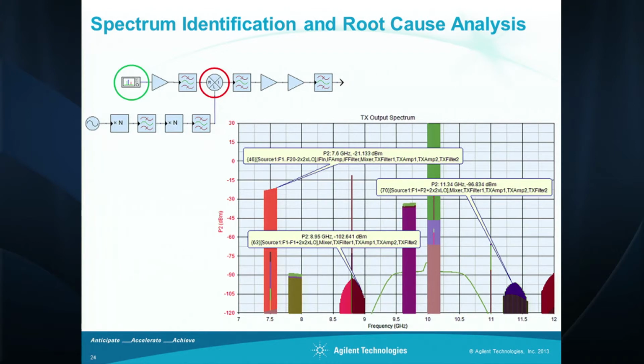It gives you an equation, so it tells you who created it, and then the string of names at the bottom is the path that it took to get to your viewing destination. So you can actually identify the intermods, find out who generated them, and how they got to your destination, making this a great technique for debugging.